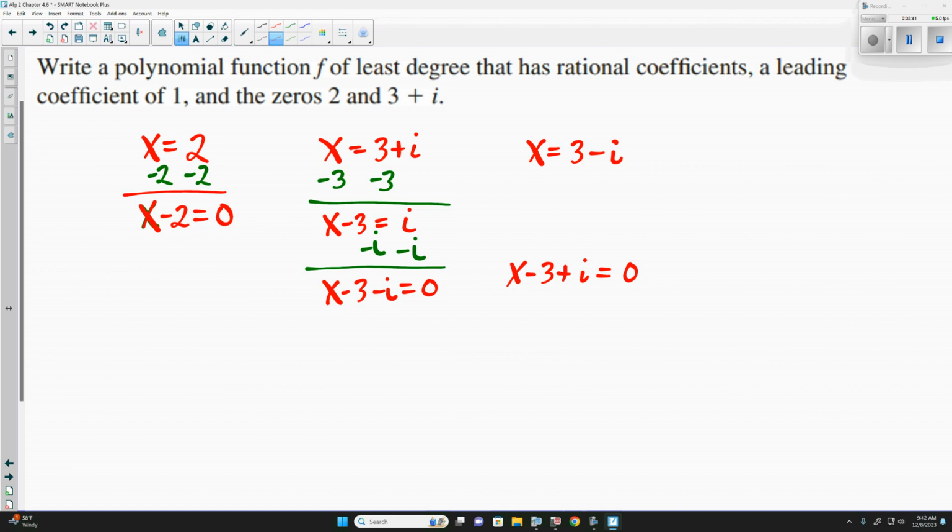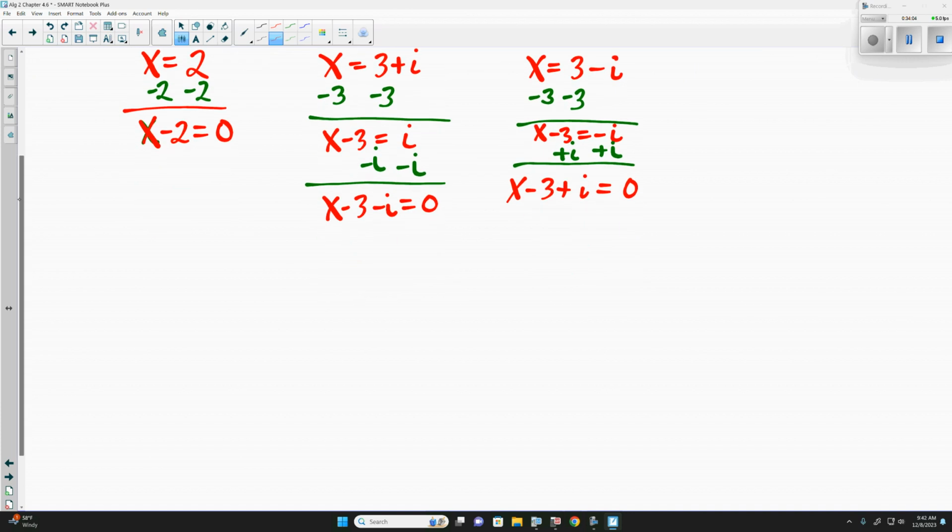Now, saying that and showing it are kind of two different things. So we can minus 3, telling us x minus 3 is equal to negative i. Then we would add i to both sides to get us x minus 3 plus i. Questions on this here?